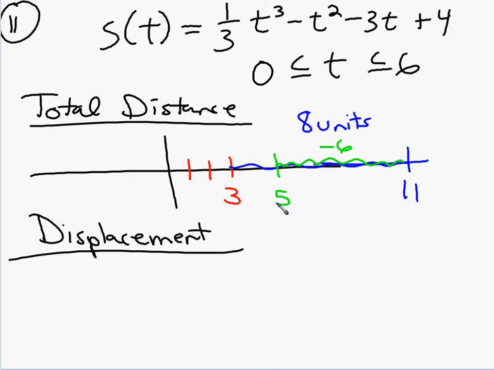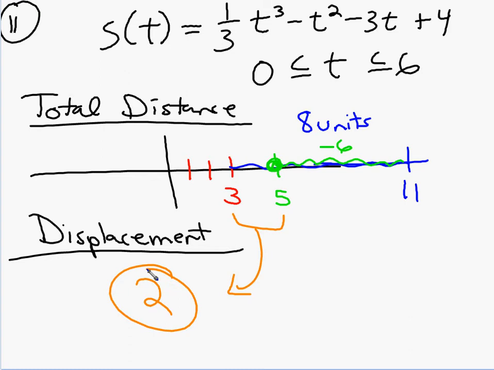Right? So my particle right now is camping out at 5. Now, let's talk about the difference between total distance and displacement. The displacement of this particle is 2. It is 2 units away from where it was.